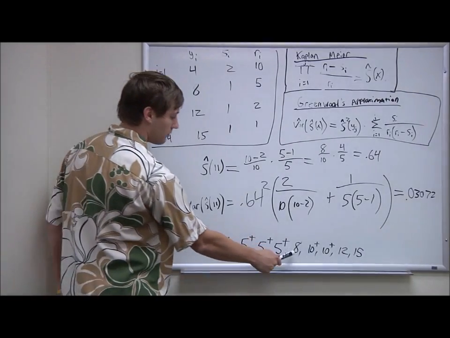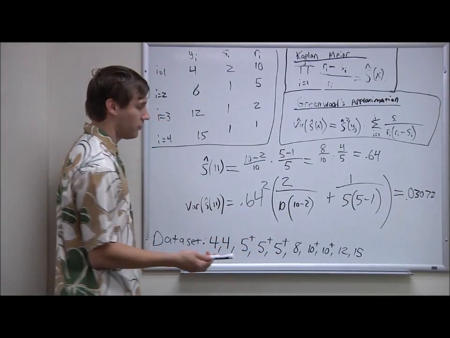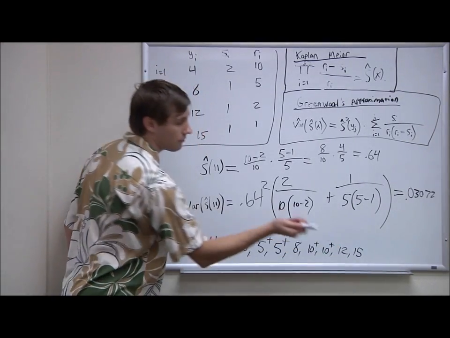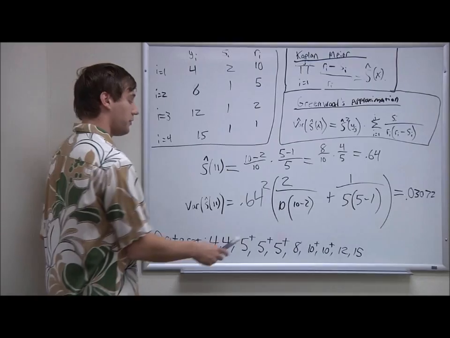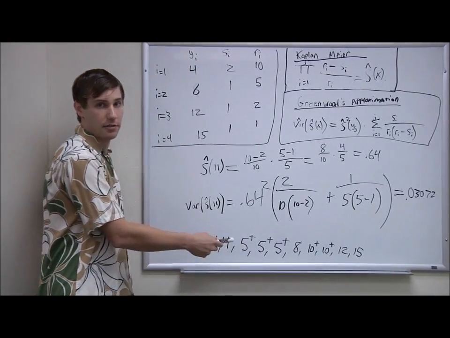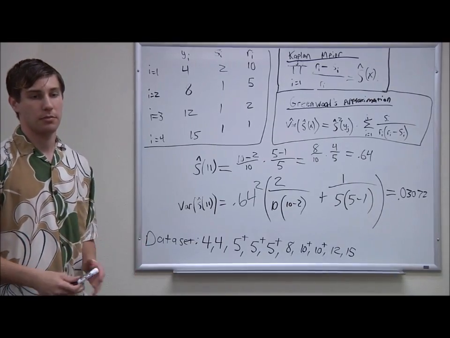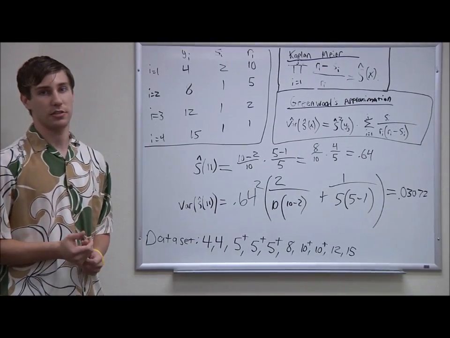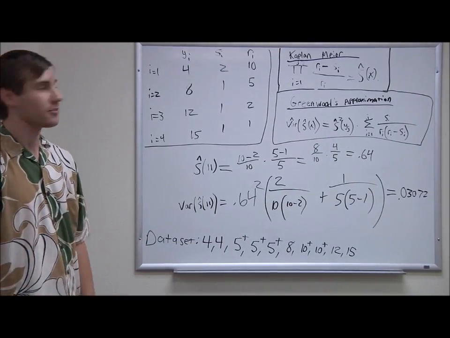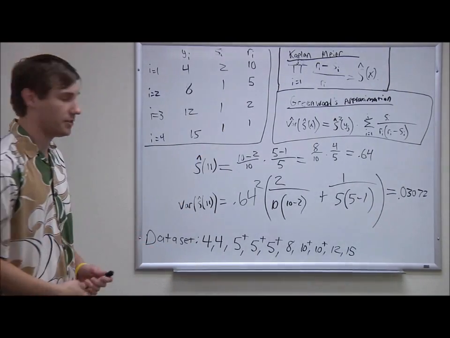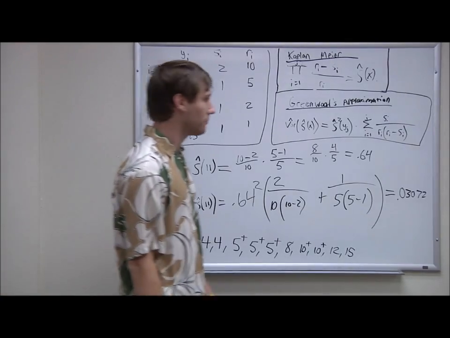Then when we get to 8, we'll count all of the ones greater than or equal to 8, which is just 1, 2, 3, 4, 5. And even though we have some censored data here, these numbers could be greater than 8 or less than 8, we don't know. But since we don't know, we're just not going to include them. That's how the rule works. And so we did the same thing for 12 and 15, and not as interesting.